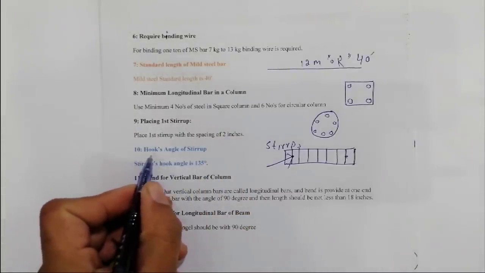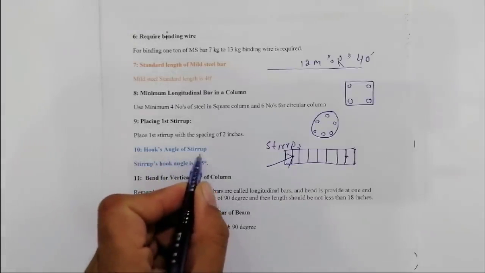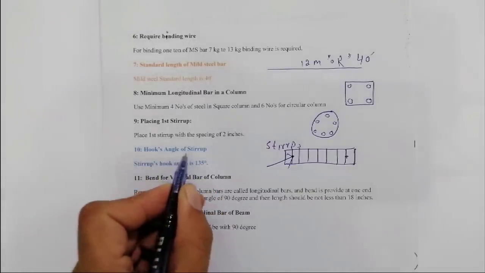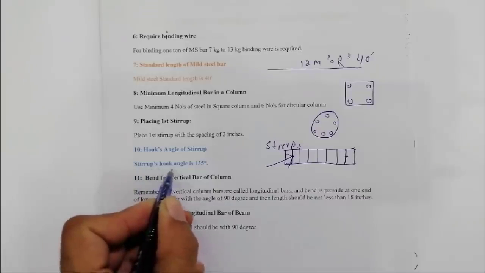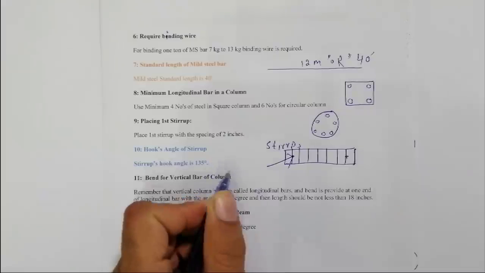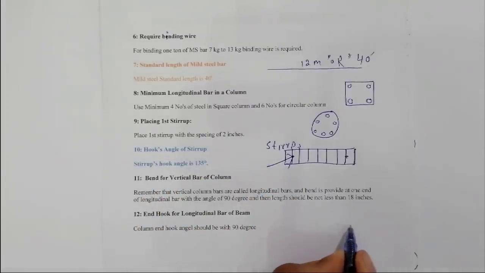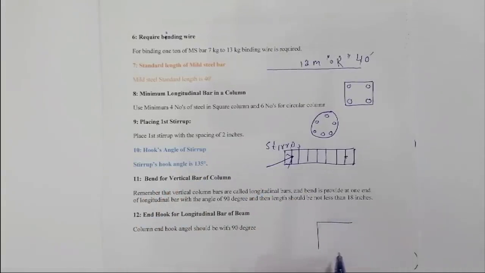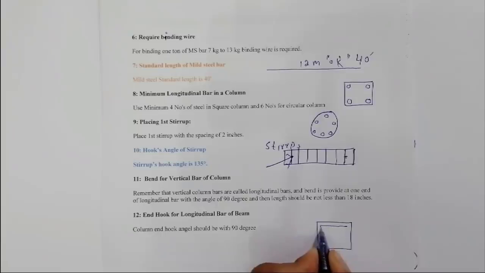Now the 10th one, hook angle of stirrup. The 10th technical term is, stirrup's hook angle is 135 degree. How? You can see here, this is a beam section, and this is the stirrup. This is one steel bar, second, third and fourth.